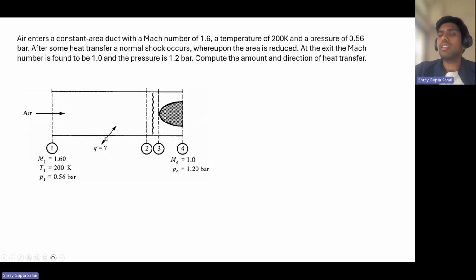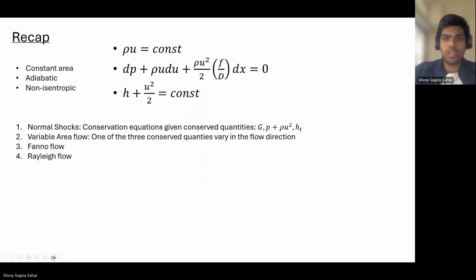In variable area flow, the varying quantity is G. In Fano flow, it is P plus rho U squared. In Rayleigh flow, it will be total enthalpy H. So this is something that we noticed.